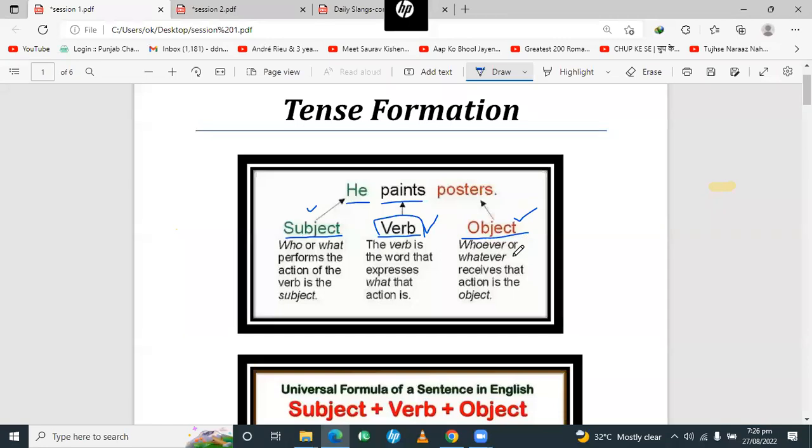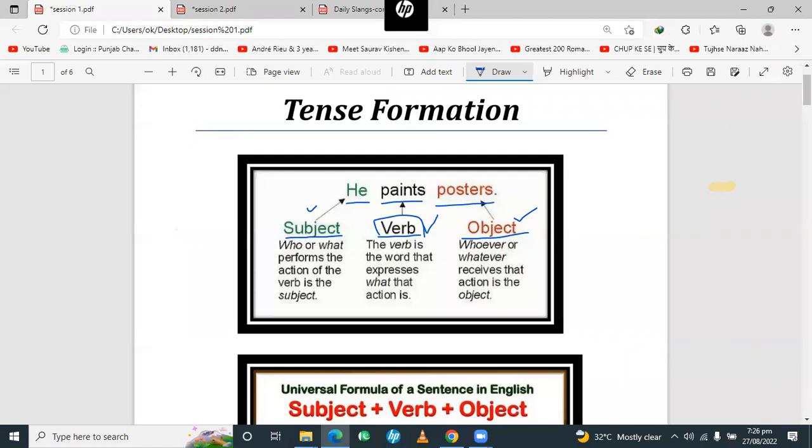Whoever or whatever receives that action is the object. It means who is receiving the action, on which the work is done. In this sentence, he paints posters. Posters are receiving the action of painting, right? So posters are the object. Tell me, is this concept of subject, main verb, and object clear to you? Is it clear?